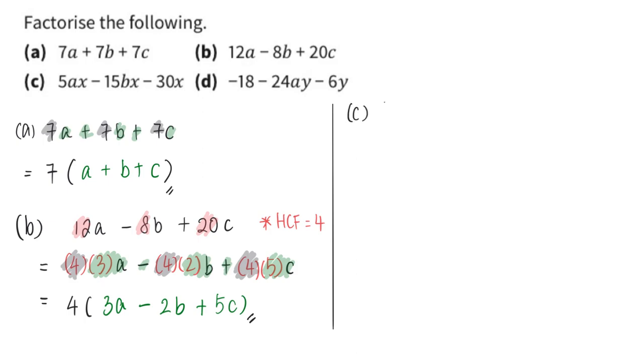where we would then have 5ax minus 15bx minus 30x, and from here, for all the coefficient numbers, you can see that the highest common factor would be 5.